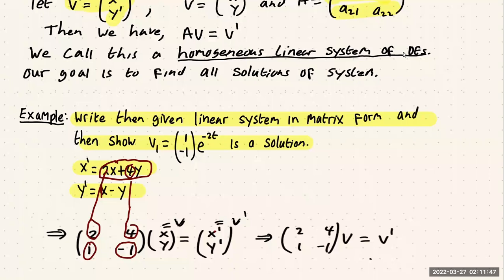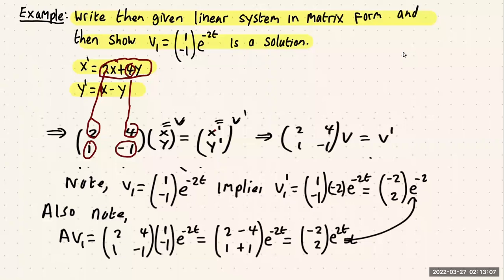Now let's show that v1 is a solution. Let's look at the derivative of v1. Taking the derivative, you'll have your vector in front still, the 1, -1, and then you take the derivative of e to the minus 2t.